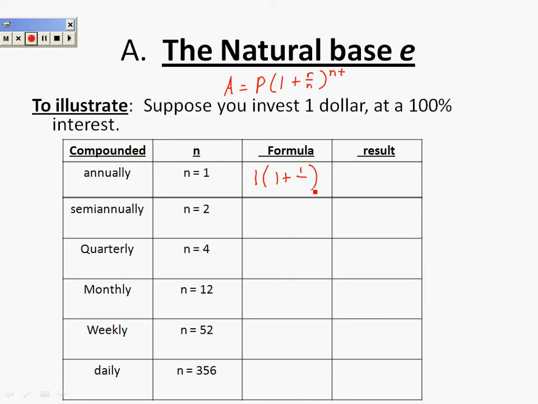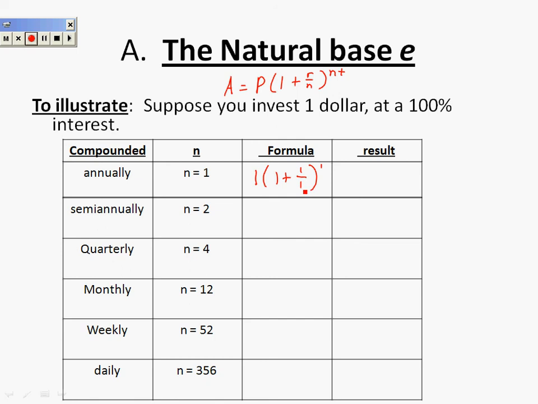As for the t, we're just going to ignore the time for right now, and I'll tell you why later, because it's going to be an interesting thing that happens here. Now, the n for this one is annually. That means n equals 1. So I'm going to plug in 1 for my n here and here.